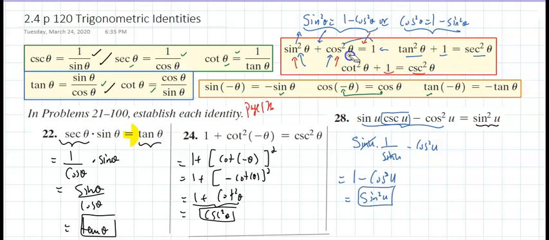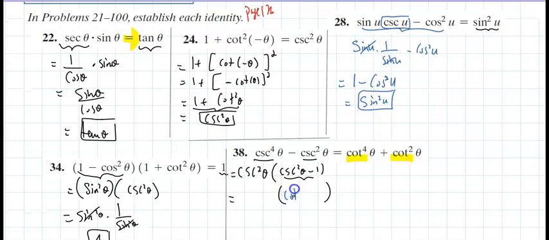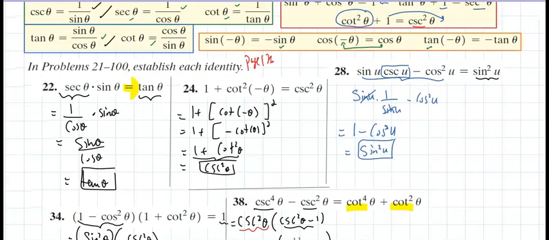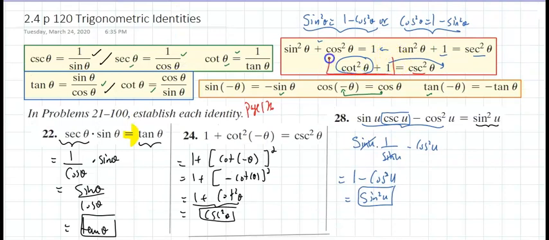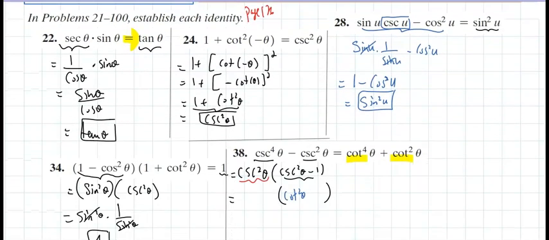But if I look at cosecant squared of theta minus 1, isn't that cotangent squared of theta? And isn't cosecant squared of theta cotangent squared of theta plus 1?